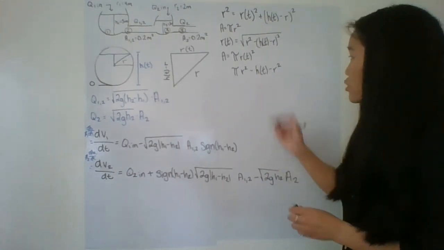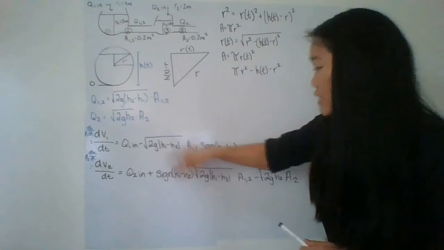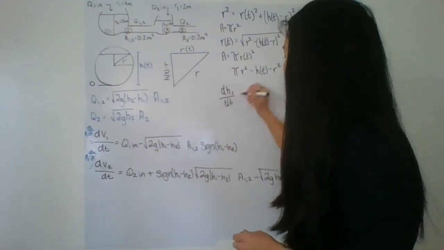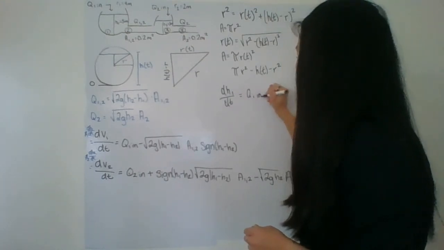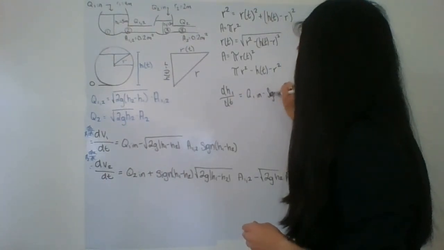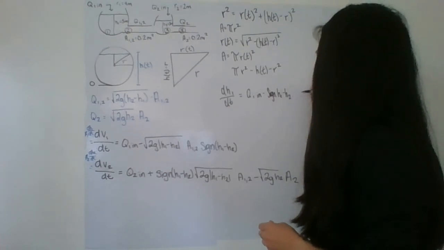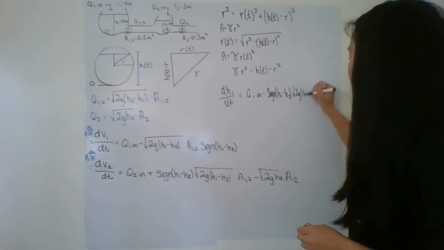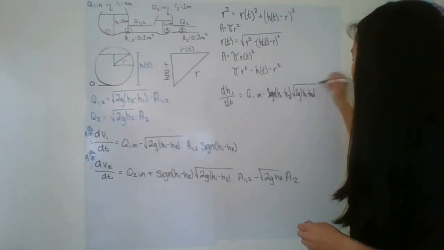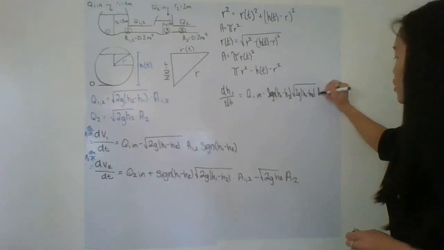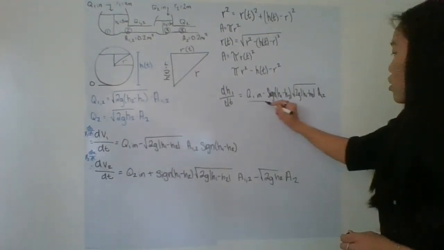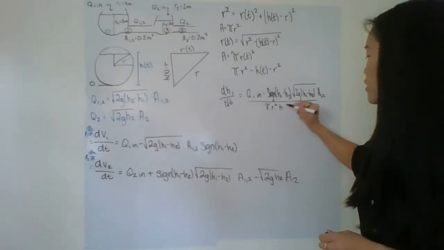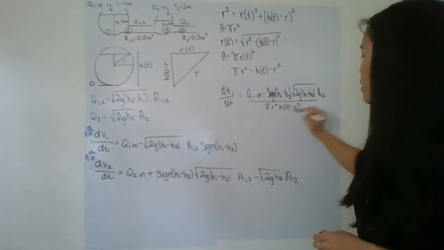So plugging this into our two long equations right here, we get dh1/dt equals Q1 in minus sign(h1 minus h2) times the square root of 2g times the absolute value of h1 minus h2, multiplied by A12, and this is all over pi times (R squared minus (h(t) minus R) squared).